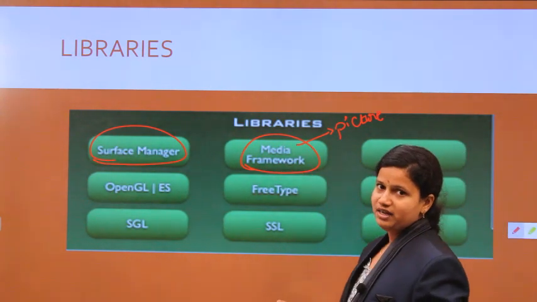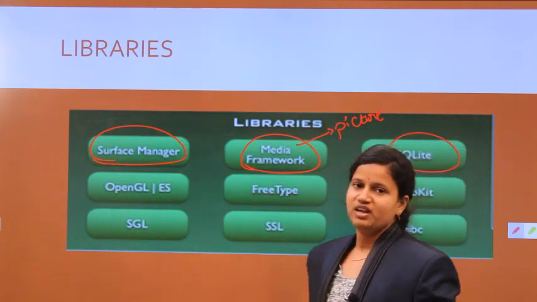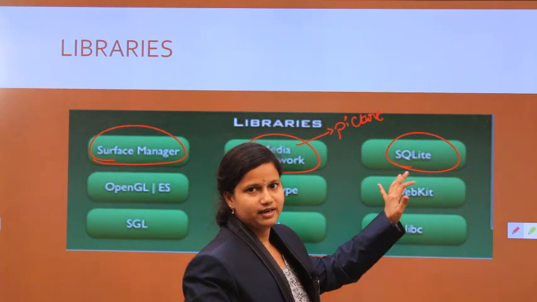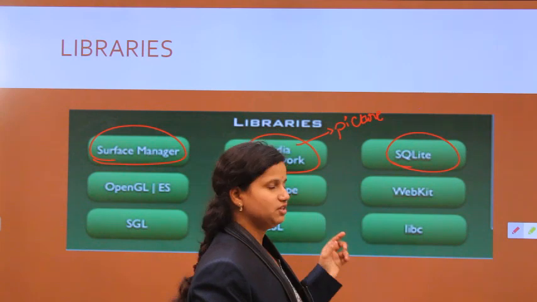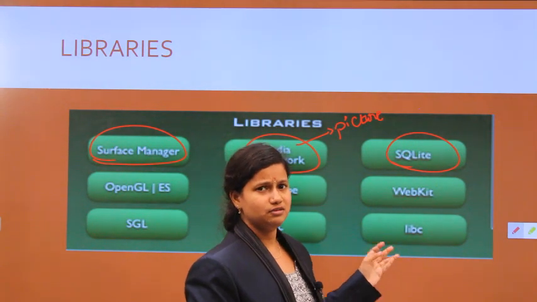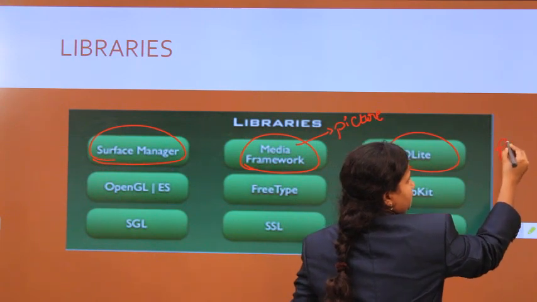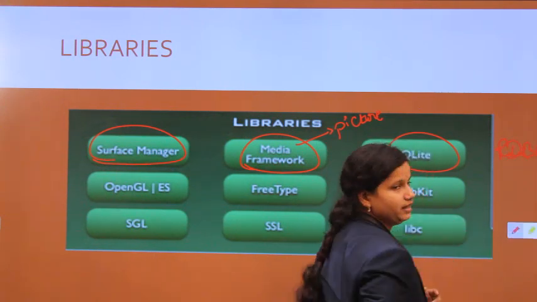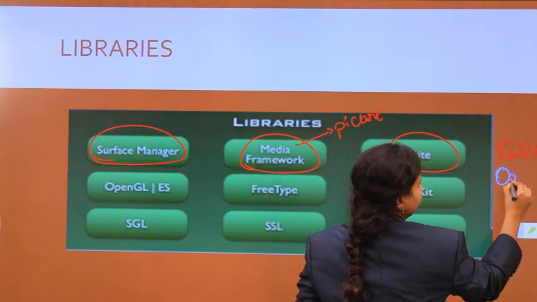And in your application, if you are having any database related information, we go with the SQLite database. While we go with the SQLite database, different databases are available. So what are the different databases? RDBMS is one of the databases to store the information in the form of data, and another is Oracle.